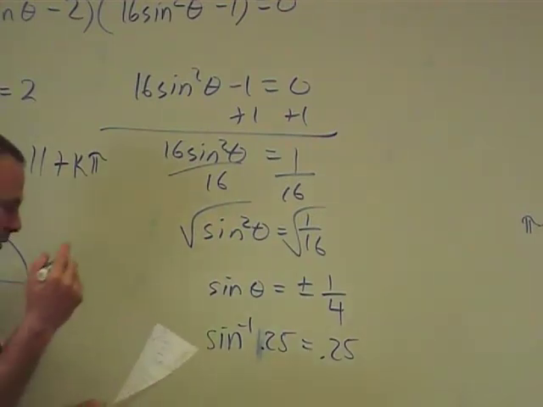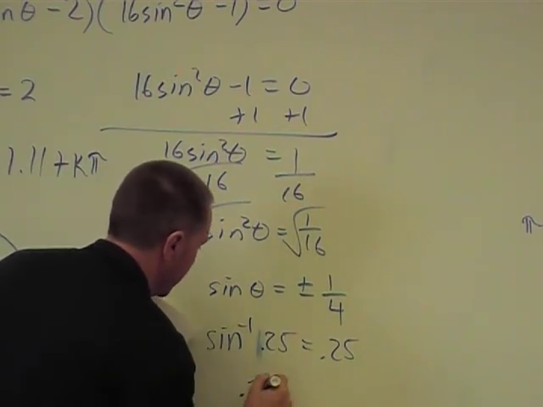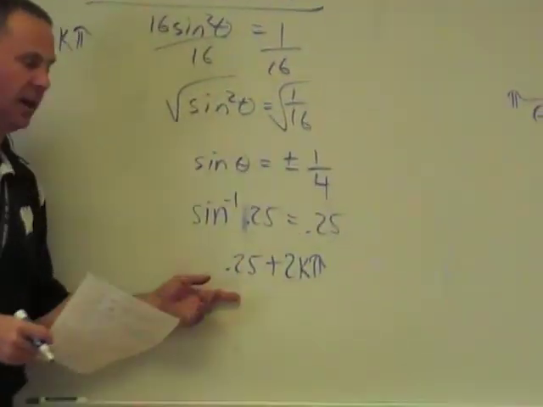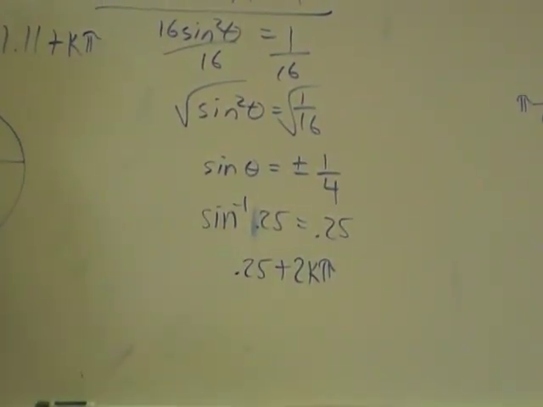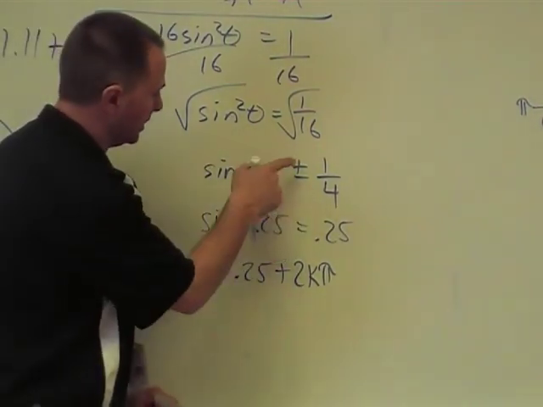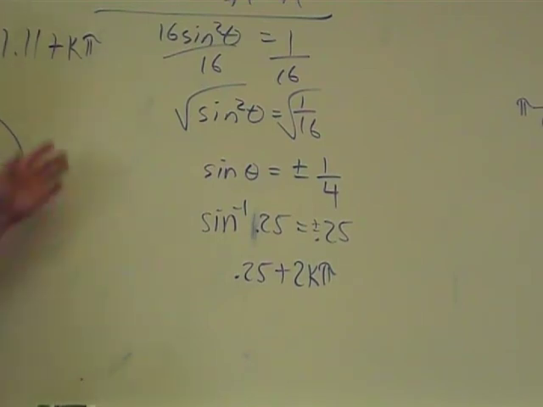So what are we adding to it? 0.25 plus 2k pi. Why? Because sine goes all the way around the circle. And again, these are both plus and minuses, so you're going to get lots of different answers here. Don't forget this. This is the only weird one. So you've got to have that.